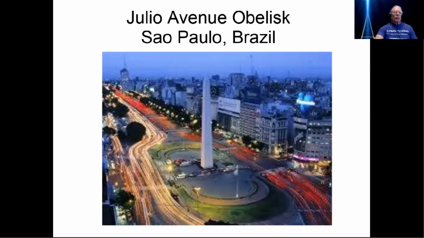Now we're going to look at some other obelisks. These are from South America. Interesting that there's a number of these obelisks that are located in South America. One is the Julio Avenue obelisk in Sao Paulo, Brazil. Here we see a picture of it with traffic flowing around it in the center of Sao Paulo.